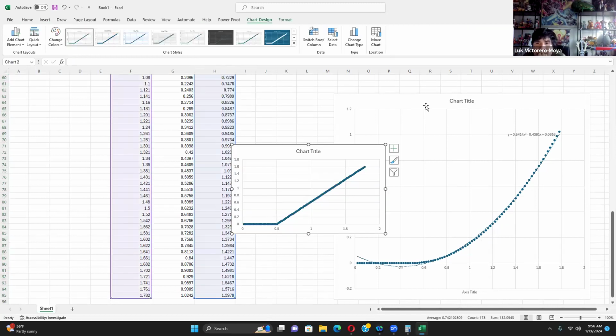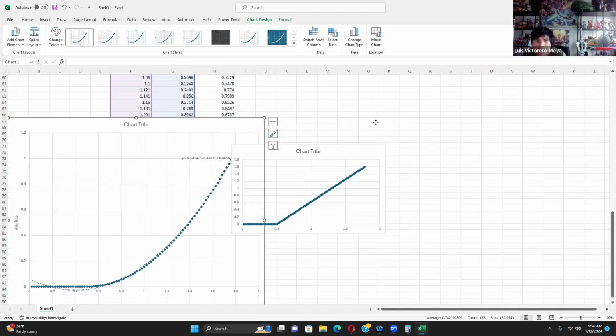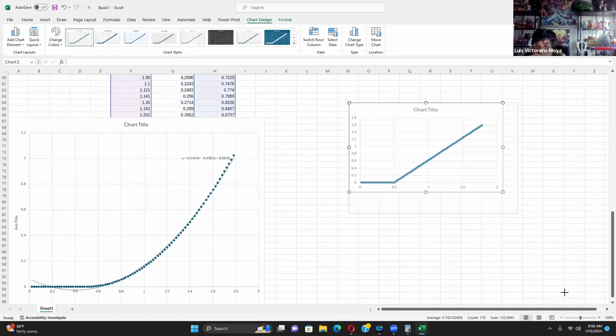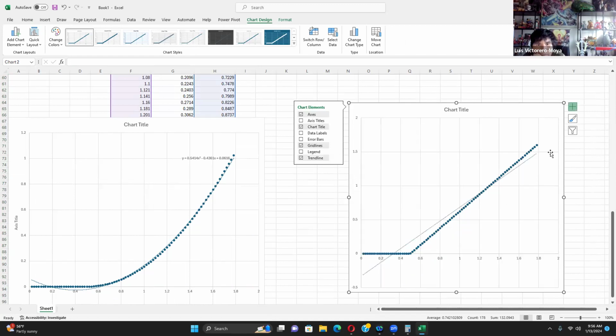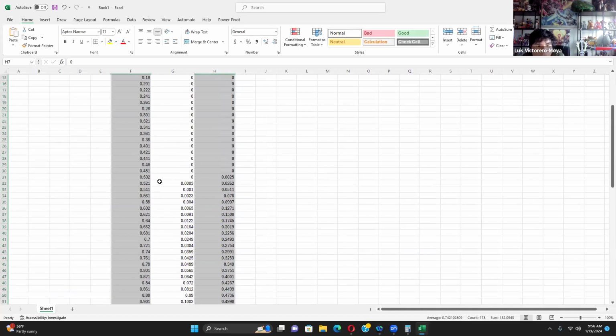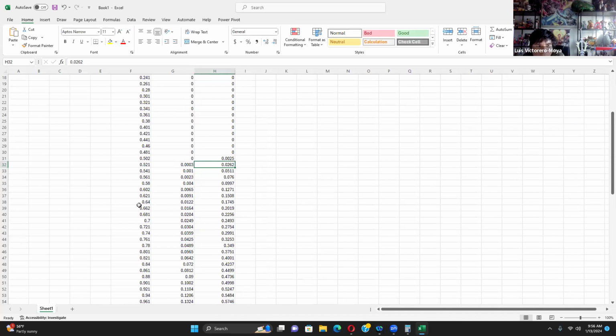All right, so we have the velocity versus time graph, but the issue here is this section of points. If you do a trend line, it's going to be messed up. So what you are going to do then is you are going to just plot from the moment you start getting values of velocity.